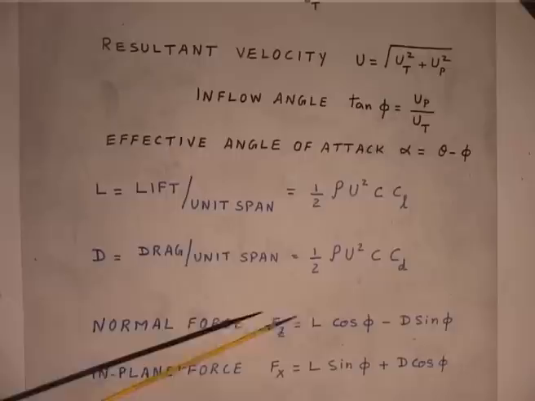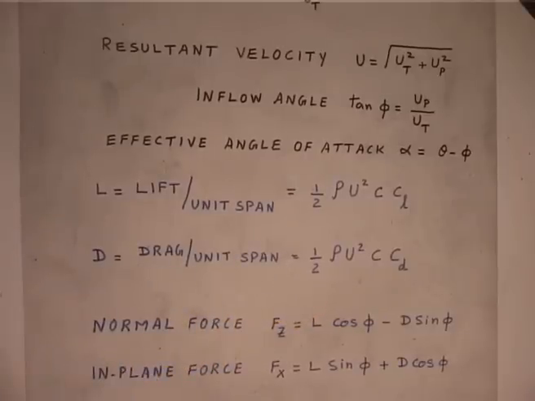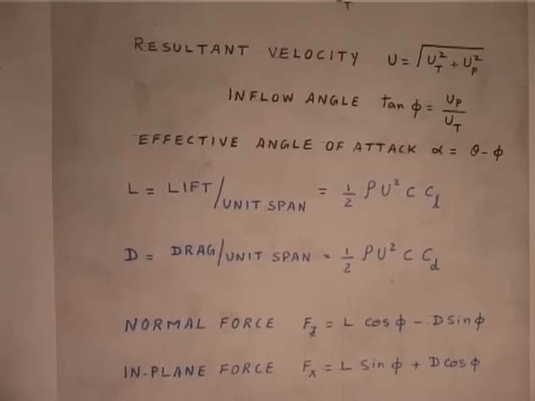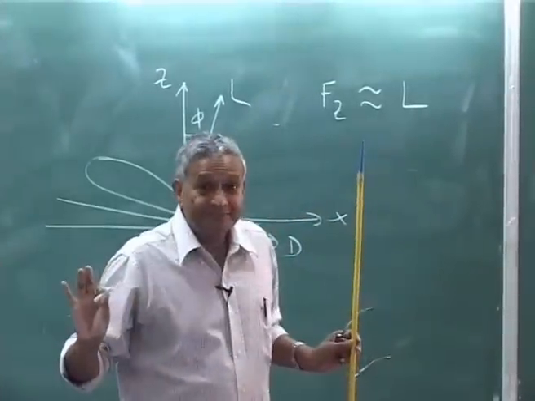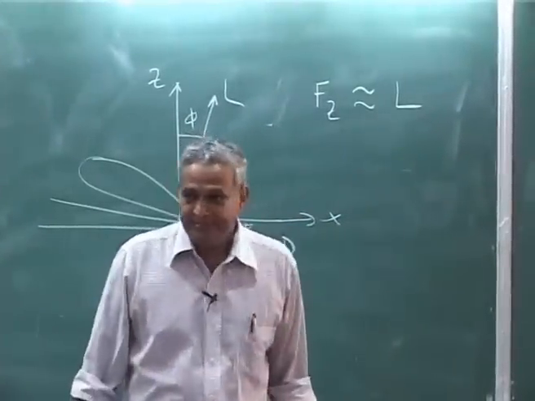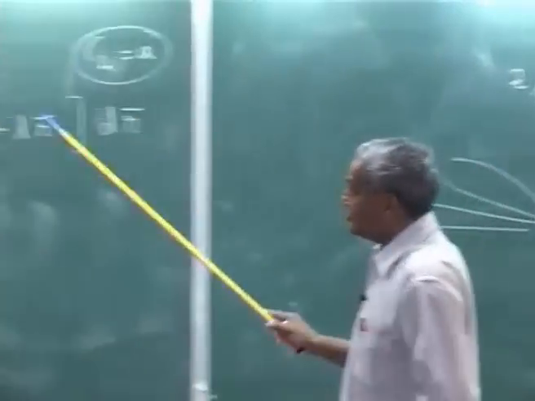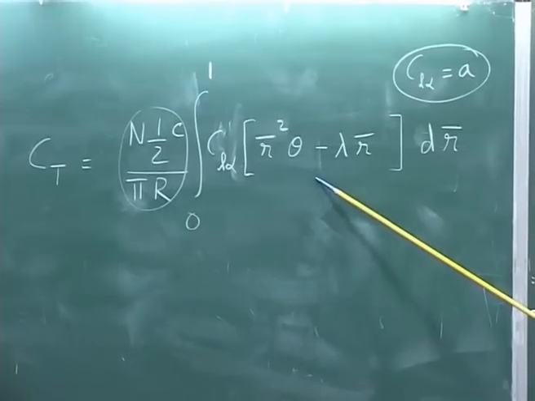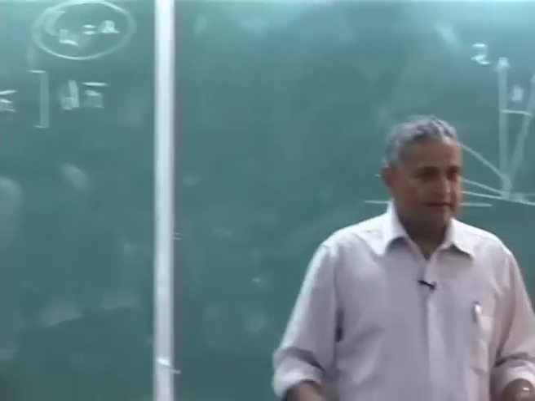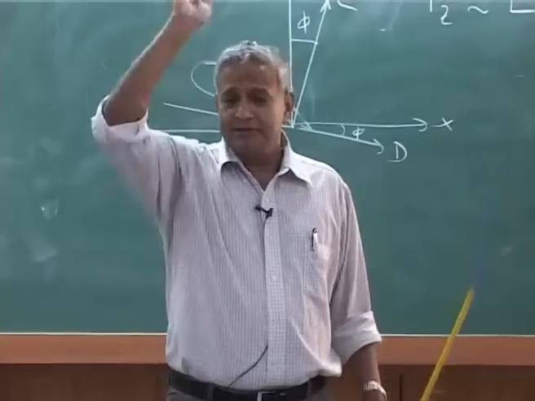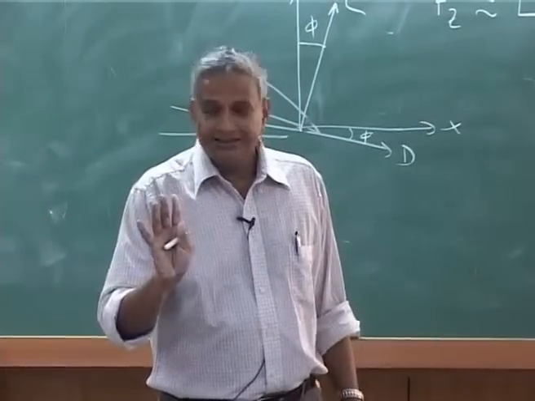So, you say my drag is very small, therefore, Fz, please understand, I say is L directly. That is why I have used only L in defining the thrust coefficient. That means basically this is normal to the rotor disc, that is all. This is the approximation I make.